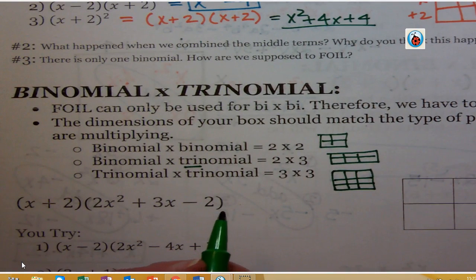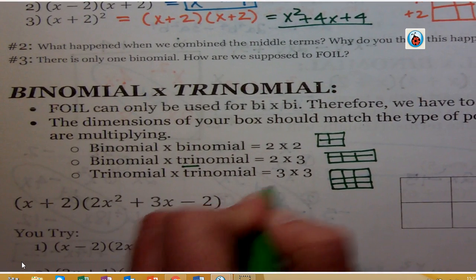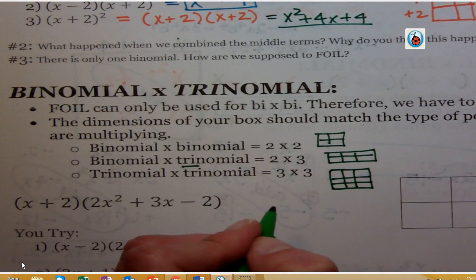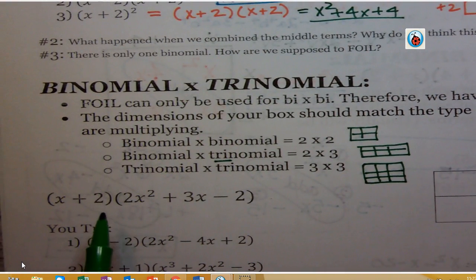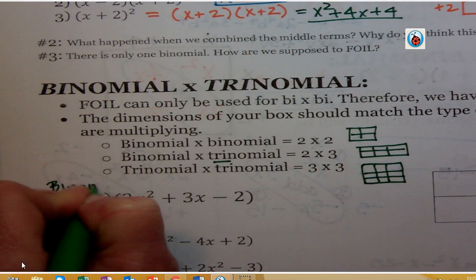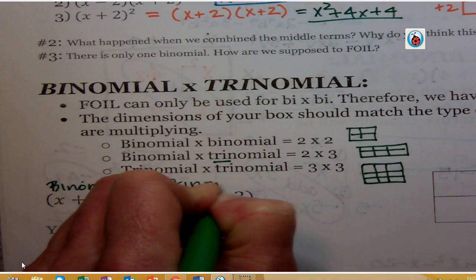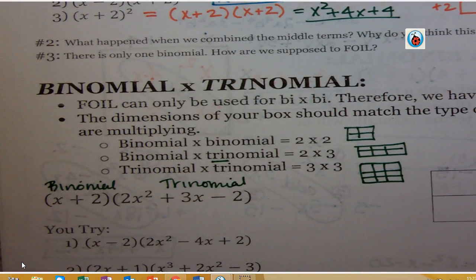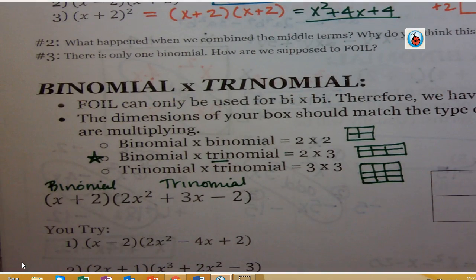Now, note that there is no box for a binomial cubed, and we'll talk about that. So in order to do a binomial, this is your binomial, times your trinomial, you're going to use this shape of a box.